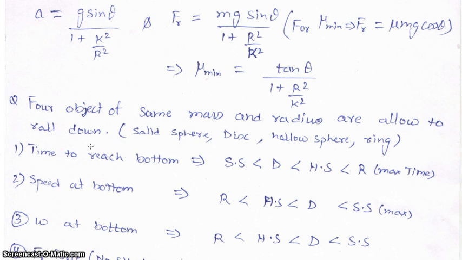Okay, so time to reach the bottom, again acceleration is least, so the ring will take the maximum time. Speed at the bottom, as all are moving the same distance and acceleration of the ring is minimum, so its speed at the bottom will be minimum.